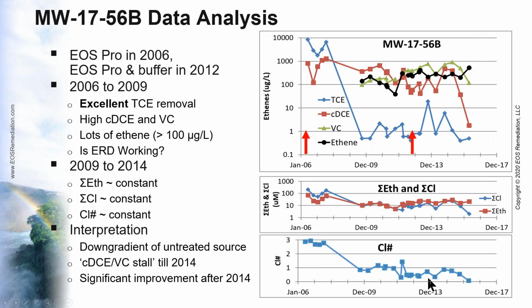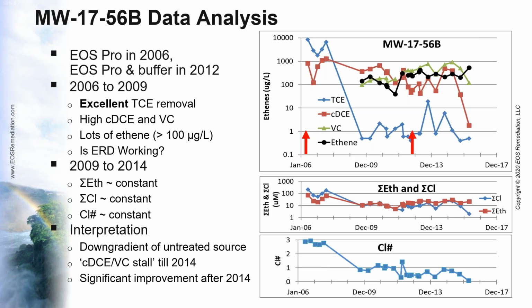So to me, since we're hanging out at this level, I don't know if that's a DCE stall or a vinyl chloride stall, but certainly it's not progressing quite the way we want it to. And I think that's what we see much more often.